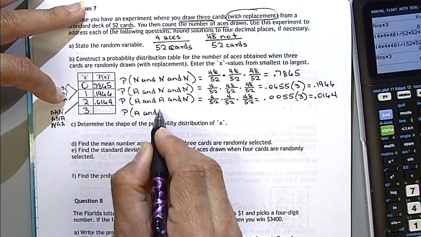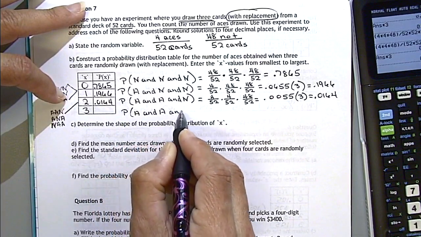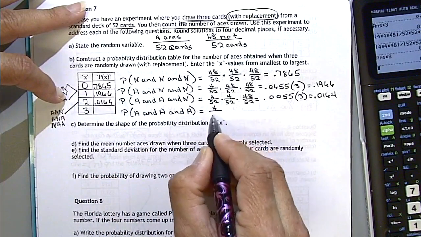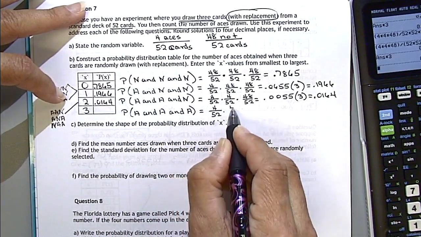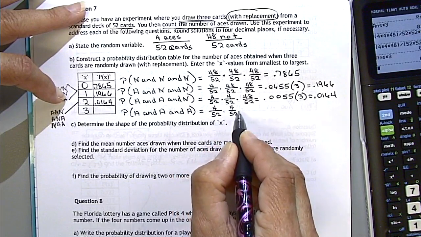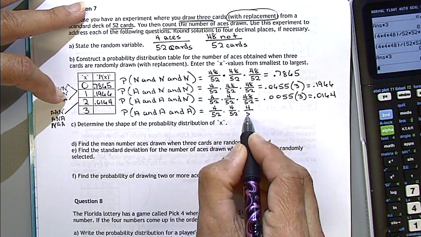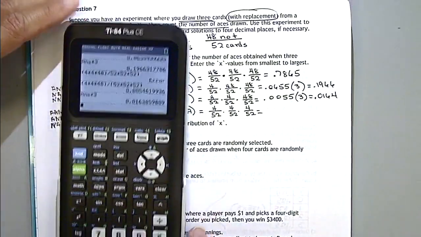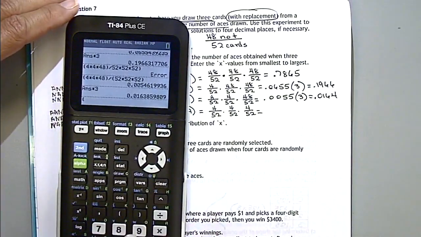What about the 3 aces? Ace and ace and ace, right? 4 over 52 times 4 over 52 times 4 over 52. Okay, so let's see what that turns out to be. 4 times 4 times 4 divided by 52.